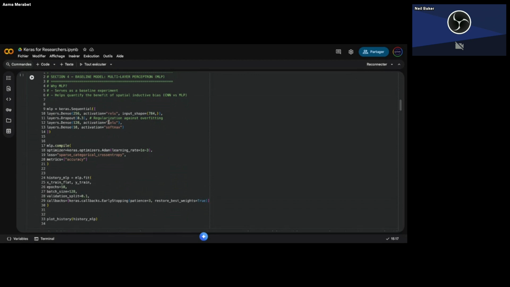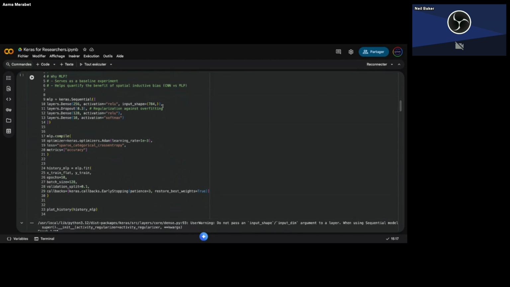We use the ReLU activation function and also a final softmax, and dropouts with 0.3. This one is against overfitting. We always try to use it so we avoid the overfitting.